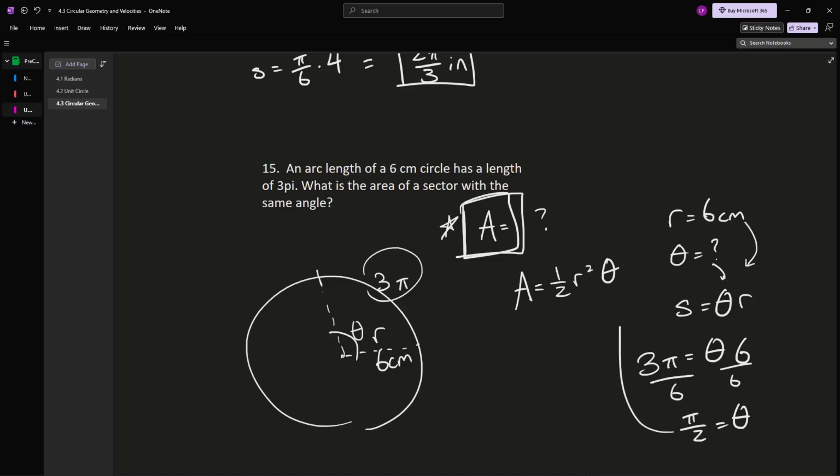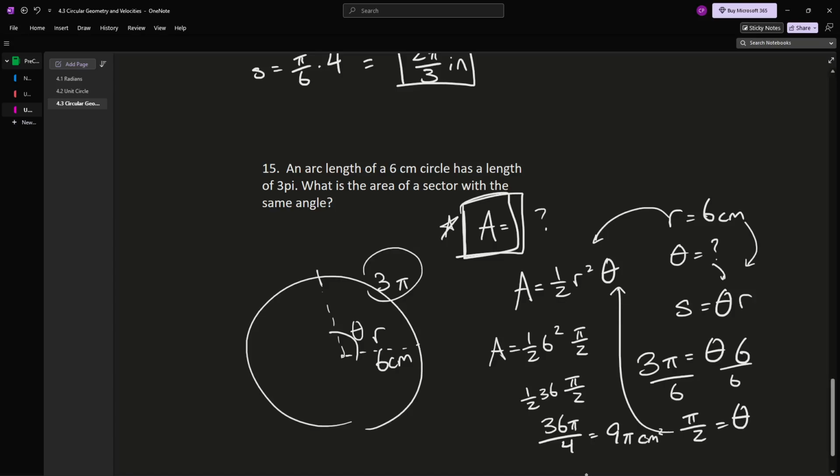Now that I have theta, I'm going to plug it back in, plug R in. Area equals 1/2 times 6 squared times pi over 2. 1/2 times 36 pi over 2. 36 pi over 4, which gives me 9 pi centimeters squared.